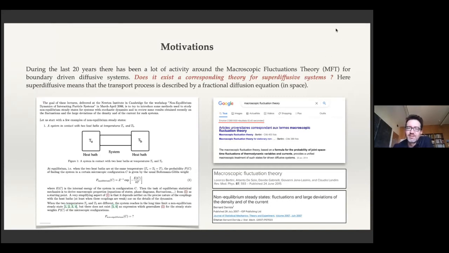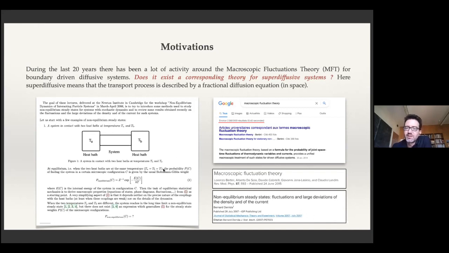As you know, during the last 20 years, there has been very fundamental progress in the understanding of non-equilibrium systems, which comes from what is now called the macroscopic fluctuation theory, a general framework to describe the non-equilibrium stationary states of a diffusive system.